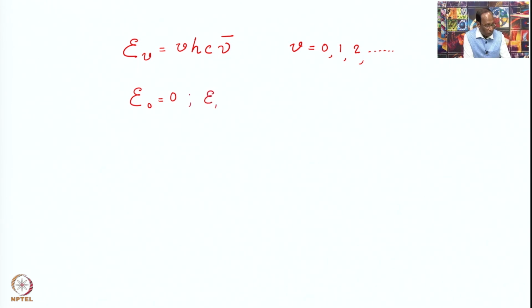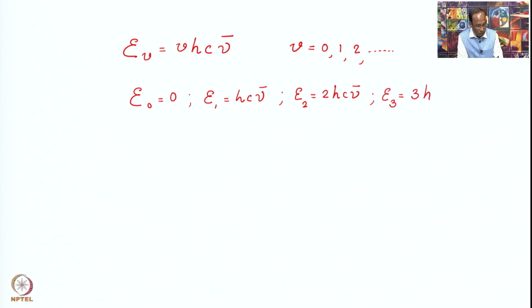E1 is equal to hc nu bar, E2 is equal to 2 hc nu bar, it is a whole multiple, E3 is equal to 3 hc nu bar. And I am interested in q equal to the summation over v from 0 to infinity, g equal to 1, of exponential minus beta Ev. This is what I am interested in now.